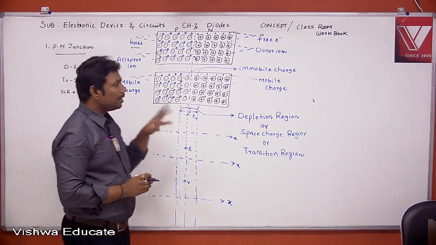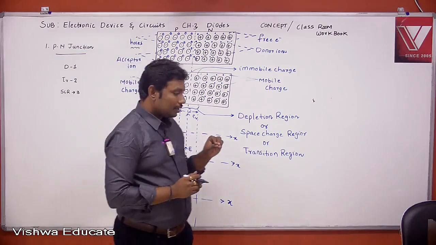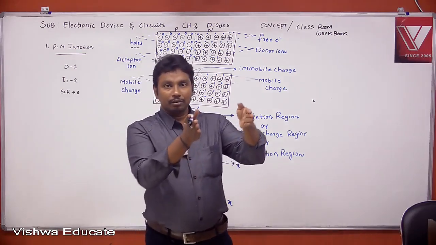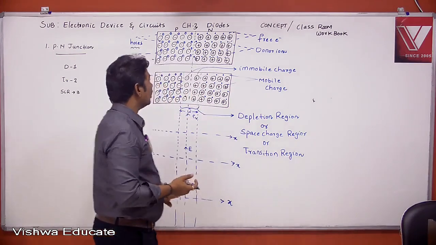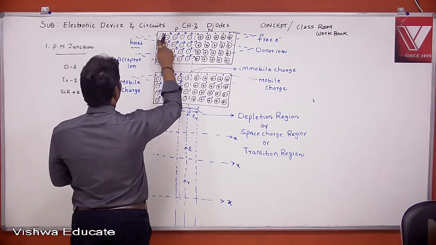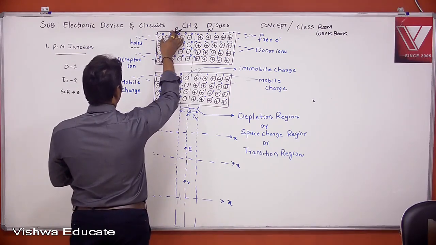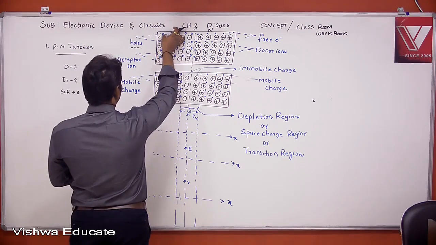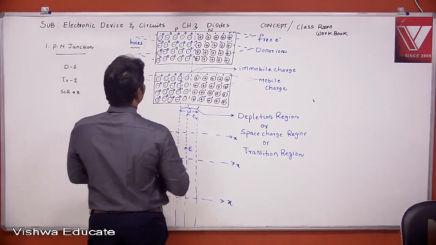What is meant by electrically neutral or charge neutral? It means the net amount of negative charge is equal to the net amount of positive charge. The P-type material contains holes along with acceptors. Holes have positive charge, acceptors have negative charge, so the net positive charge equals the net negative charge, and the P-type semiconductor is electrically neutral.